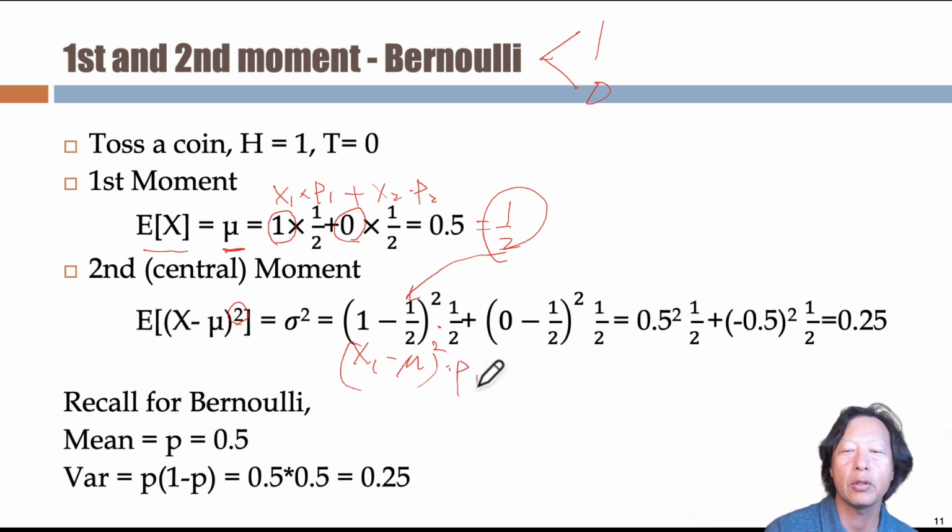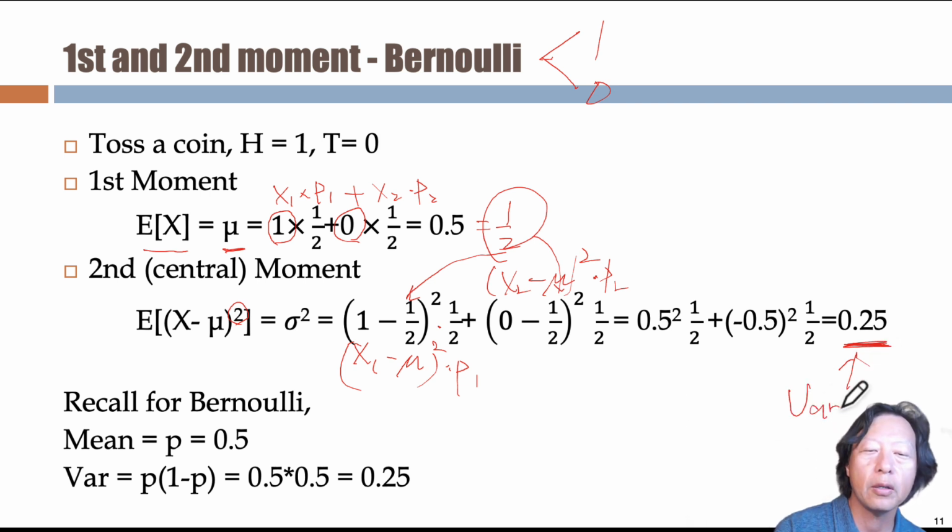Then we do the same thing for the second one: x2, which is 0, minus mu, squared, times probability 2, which is again 1 over 2. If you calculate it, this is 0.25. So this is the variance.